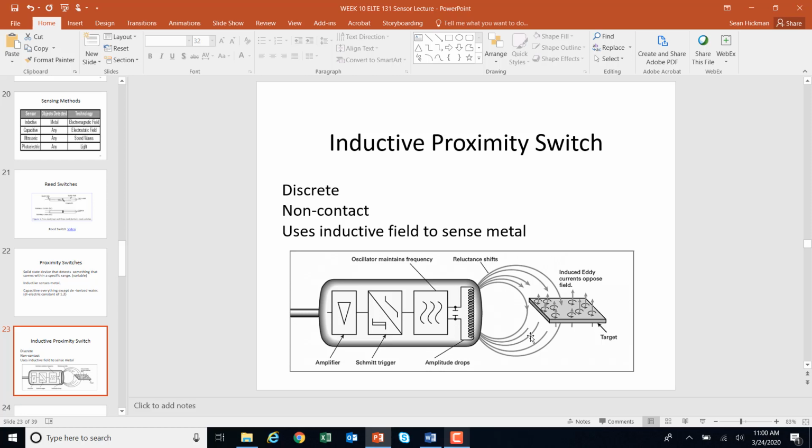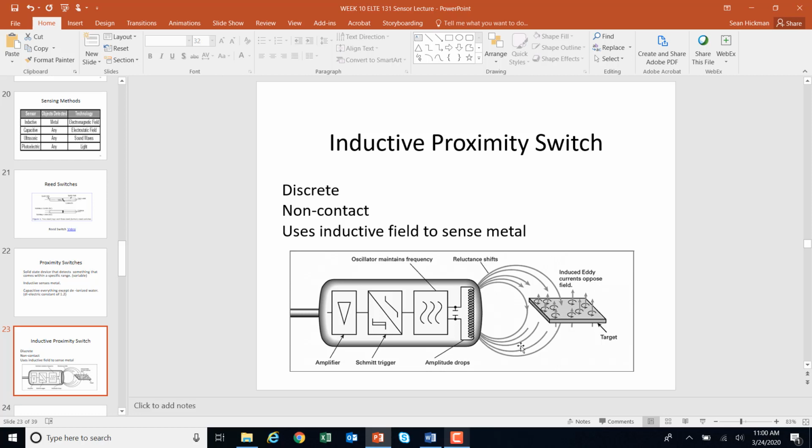Okay. It's non-contact, and it uses an inductive field to sense metal. So you think, here's a coil of wire with current through it, and you get this magnetic field. It's similar to what we talked about with mutual inductance for a transformer. If you have a magnetic field and you put a piece of metal around it, you're going to get induced eddy currents in the field due to mutual inductance.